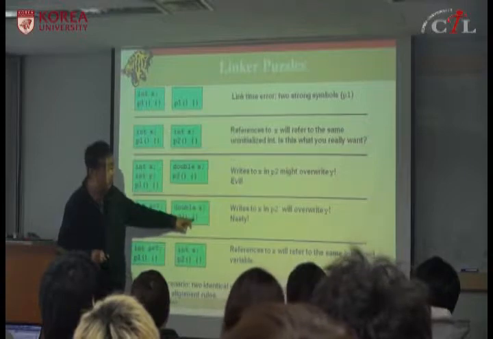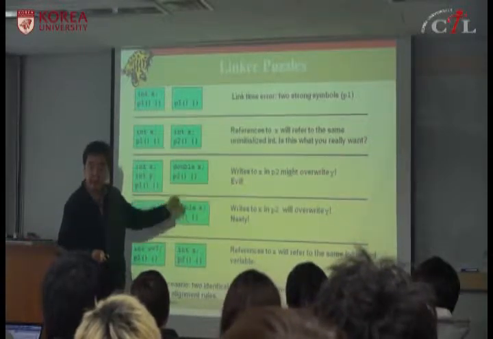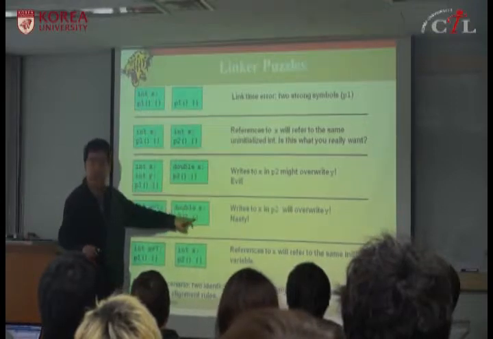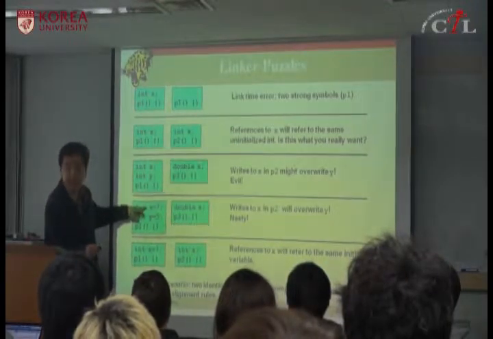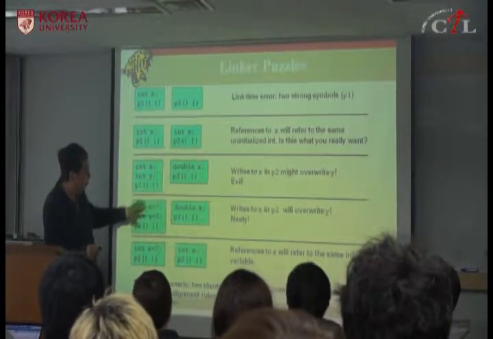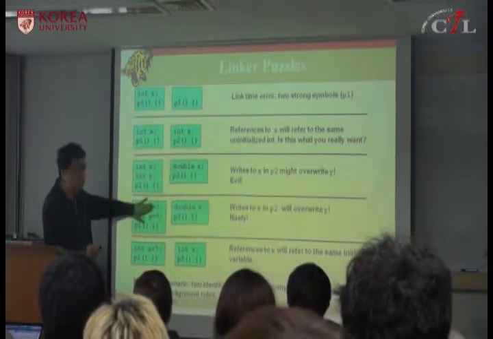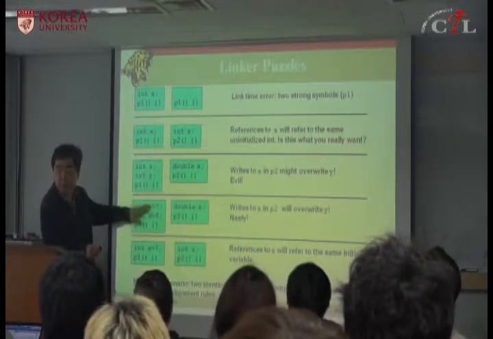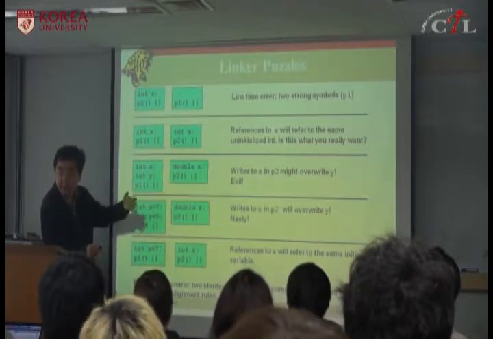So a write to X here writes 8-byte data into the location X refers to. If you write 8 bytes, it will override not only X but also Y, because they occupy contiguous space in memory.